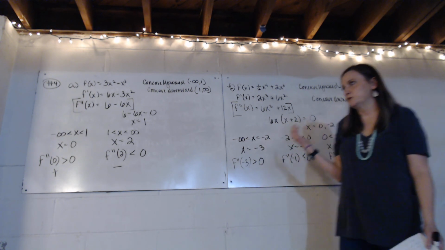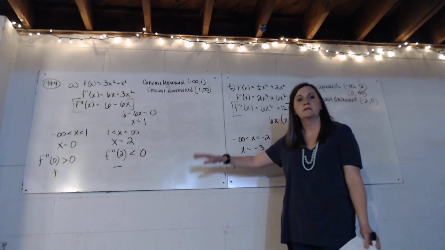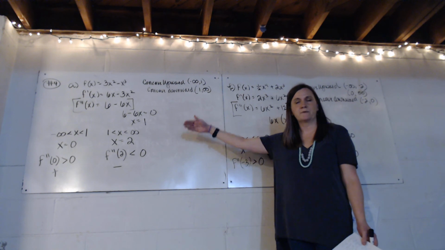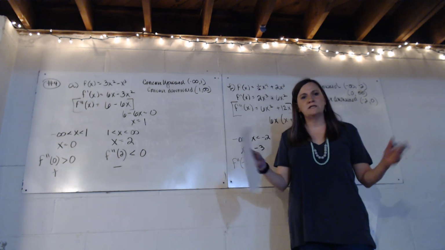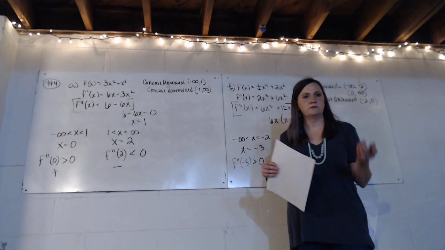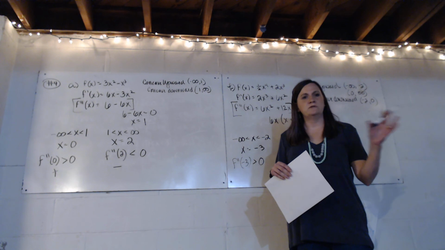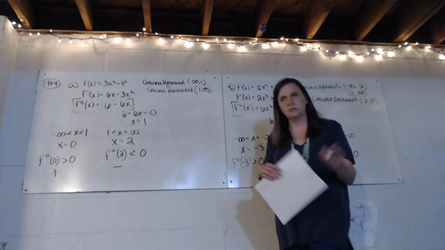You find your points of inflection, you use them to build intervals, make a test point, and plug the test point into the second derivative. Really, finding intervals where we're increasing or decreasing, you're doing that with first derivatives. You're finding your critical numbers, making intervals, choosing test numbers, and plugging them into your first derivative function.